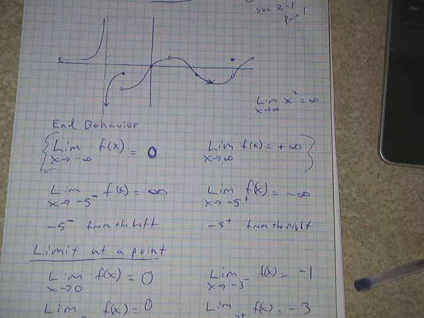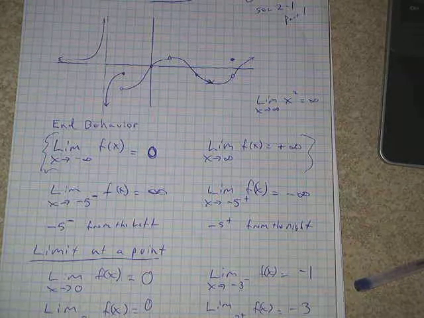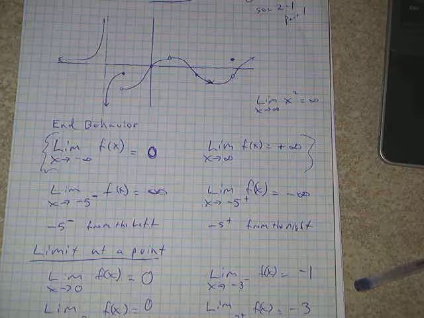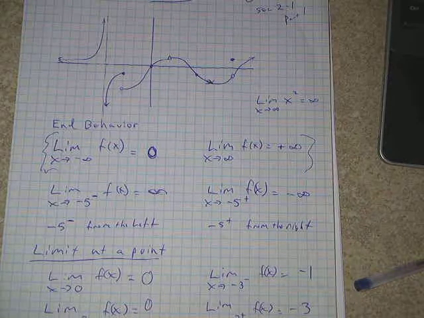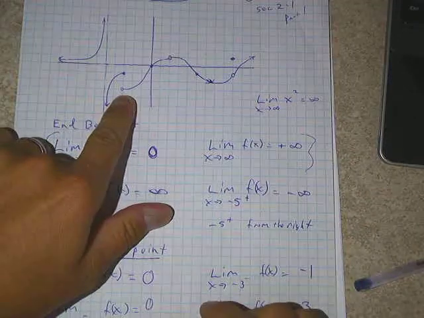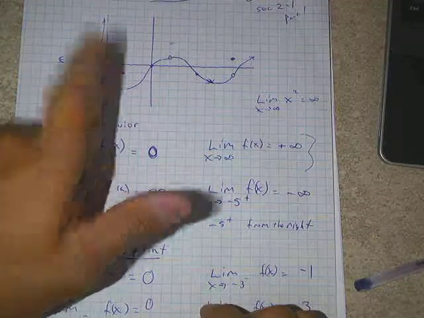Keep in mind what we said about limits: at the particular point in question, the left and right hand branches have to come to the same point. Do they have to actually get to the same point? Not necessarily, but they have to approach the same point.